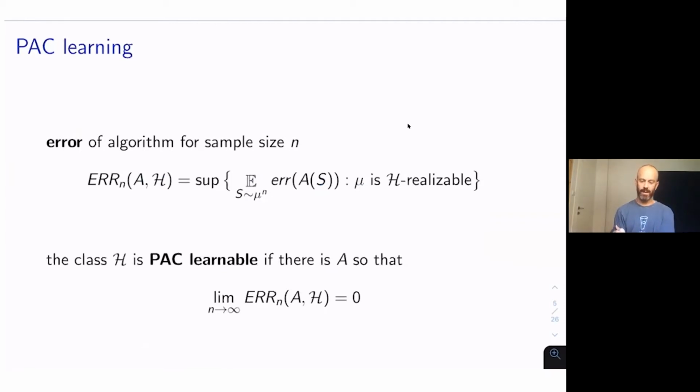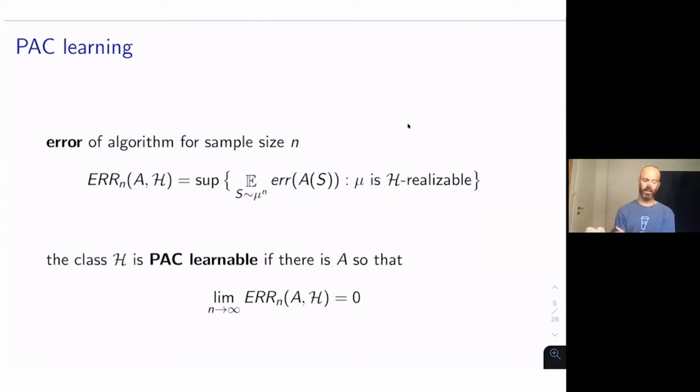We sample n independent samples from some distribution from this context, and for each distribution we can measure the expected error, and then we take the maximum, the supremum, the hardest distribution. This number is called the error of algorithm A with sample size n and context H.